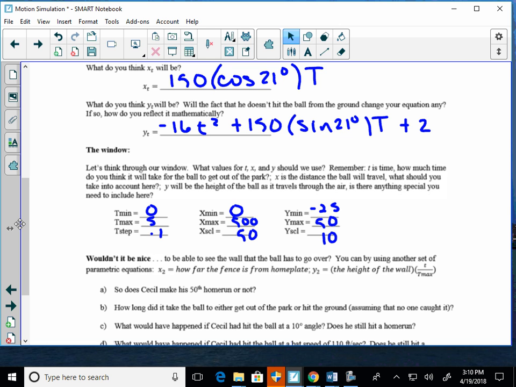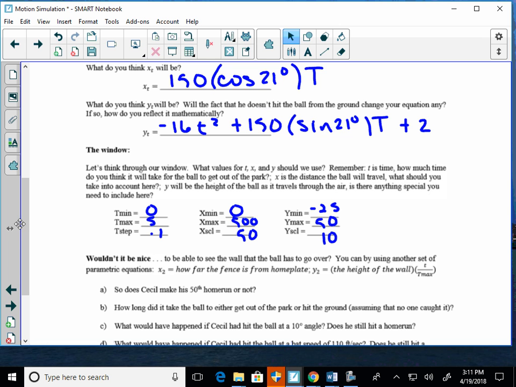And then it says, what would have happened if Cecil had hit the ball at a 10-degree angle? So go back and change the 21 through 10 and graph. Does he hit a home run? No, he drops in the park, right? Okay, what would have happened if Cecil had hit the ball at a bat speed of 110 feet per second?